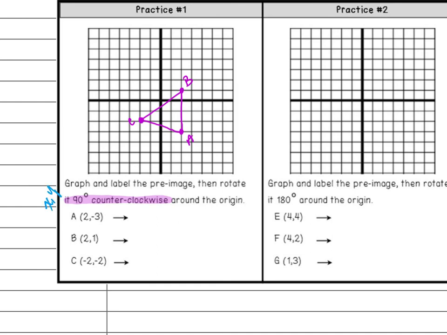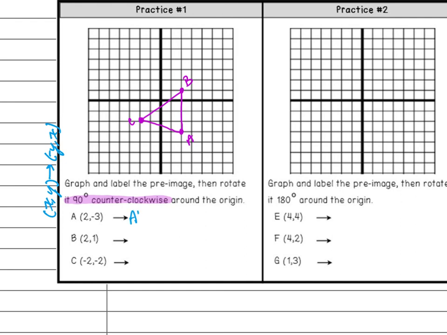X, Y becomes -Y, X. So because it's 90 degrees, my X and Y switch, right? And then one of the signs is going to switch because it's counterclockwise, it's the Y. If it's clockwise, it's the X. So my Y is going to change.